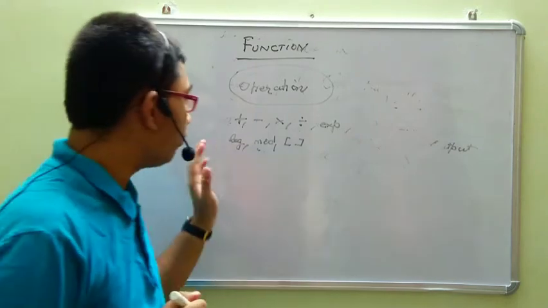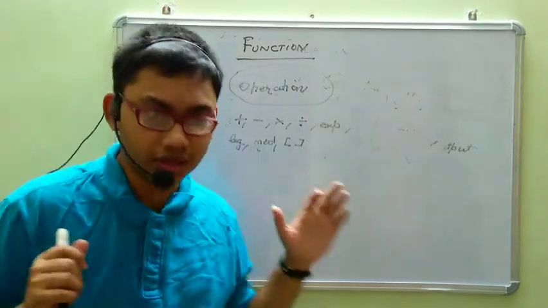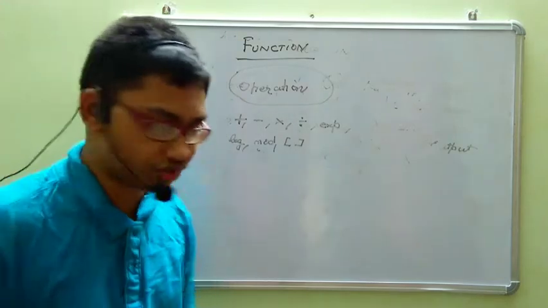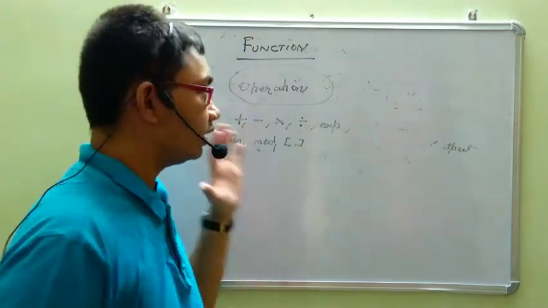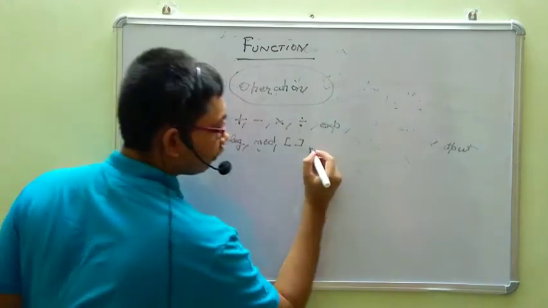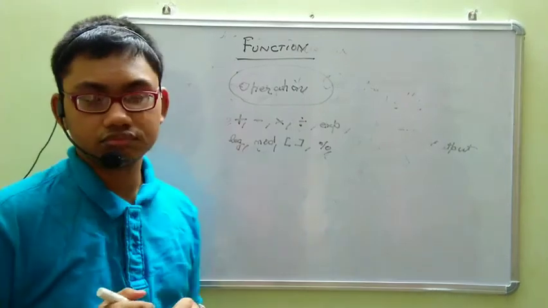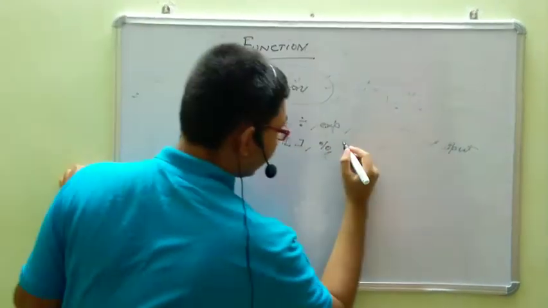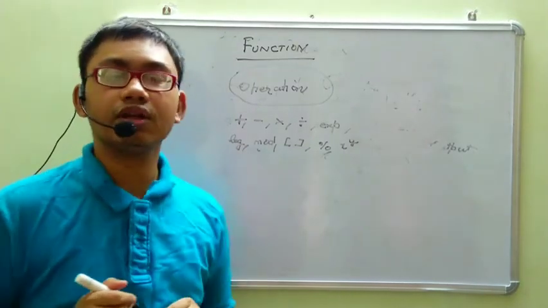I will tell you about these later, since they come in this topic of function. We will discuss that deeply later. But let us add these things. And if you want, you can add percentage. And let us say x raised to y. Do you know what is x raised to y?